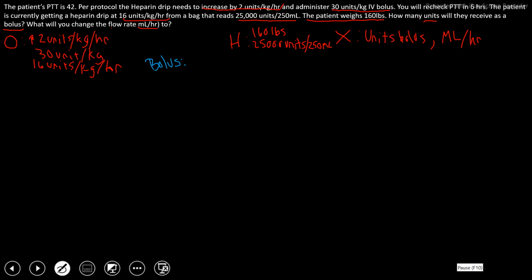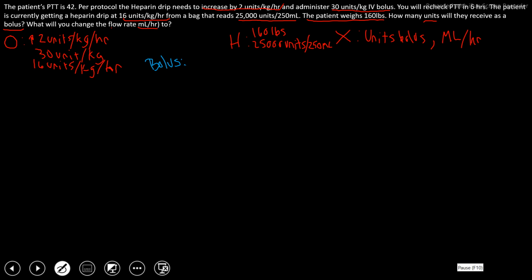Alright, so I changed the color to blue for our bolus so it doesn't get confusing with all the math on the screen. So with our bolus, it's more common sense type stuff, not super dimensional analysis, but sometimes that happens.